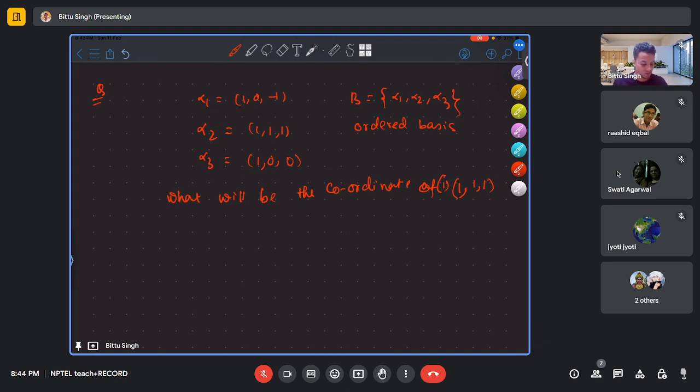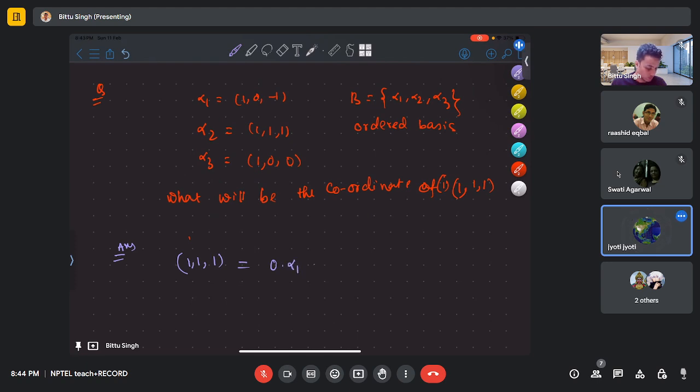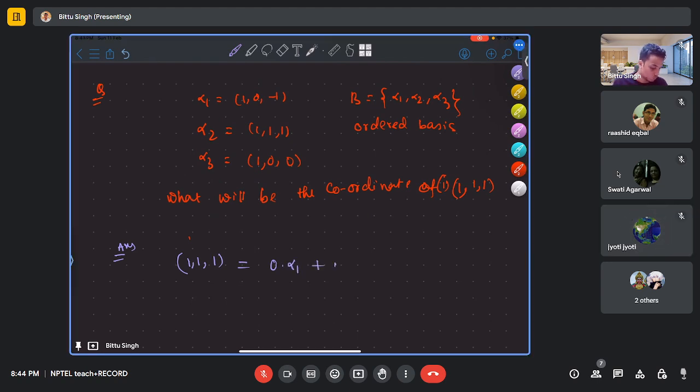Any guess? (1, 1, 1) can be written as 0 times alpha 1, plus 1 times alpha 2, plus 0 times alpha 3. So the coordinate of (1, 1, 1) with respect to the basis B is the same as (0, 1, 0).